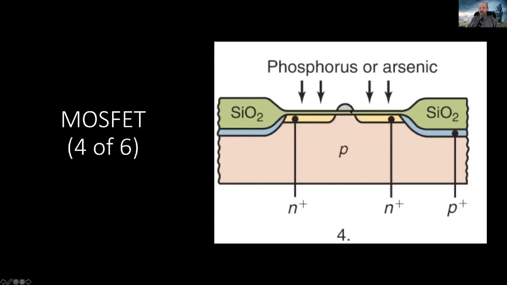And this little piece here, this little blue bump or purple bump, that's going to end up being the gate, okay? It's also protecting the crystal from getting implanted in that little region here. That's going to be your channel, okay? All right.